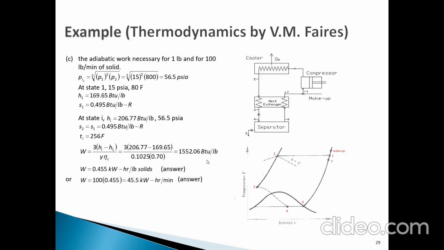Diba? So, ito nga is 1552.06 BTU per pound of carbon dioxide. Per pound of solids pala, solids. Okay.